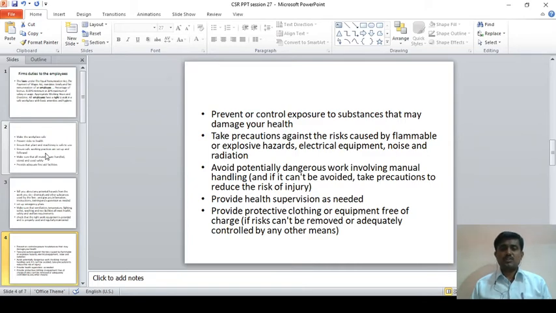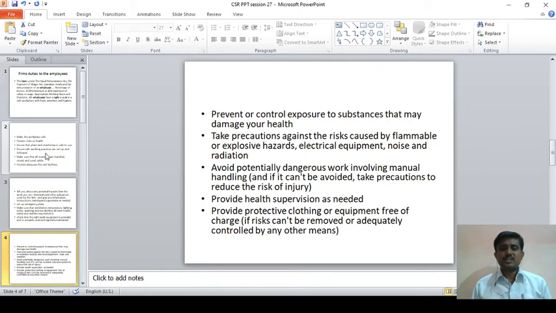Avoid potentially dangerous work involving manual handling, and if it cannot be avoided, take precautions to reduce the risk of injury, and provide health supervision as needed. In big companies, one health center is maintained within the organization, and that should be properly maintained.